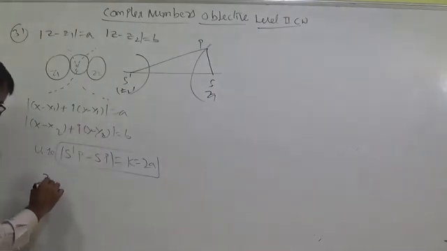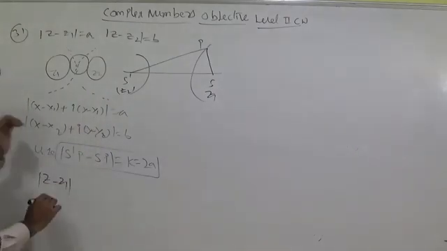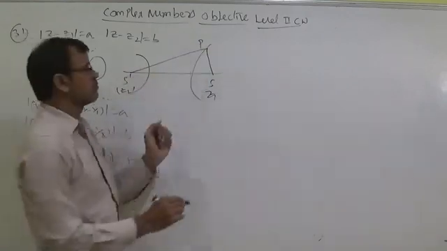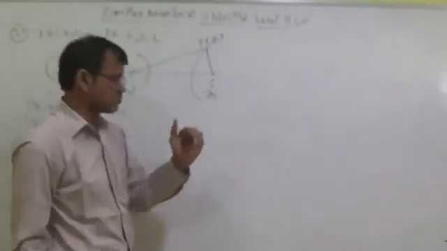So now you can understand S dash P is nothing but a complex number. General notation is x comma y or x plus iy.